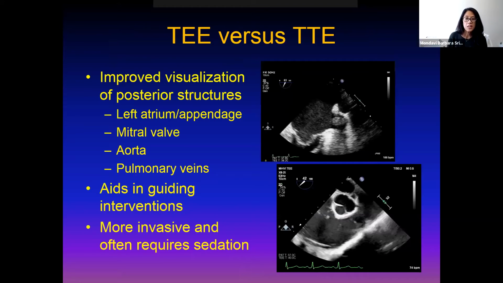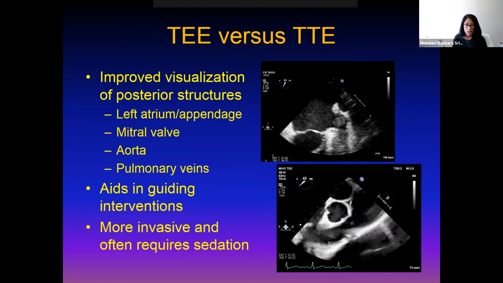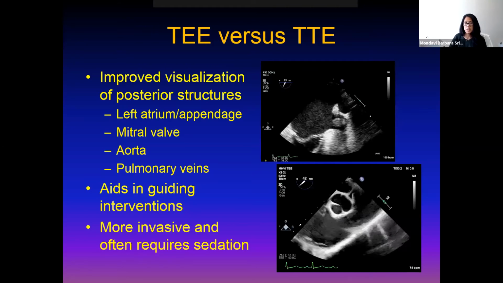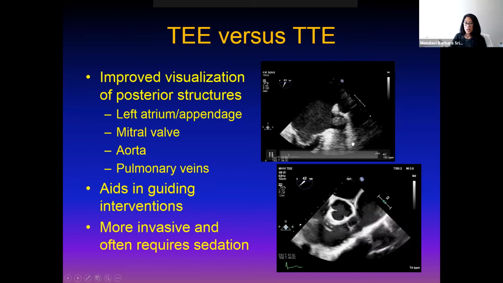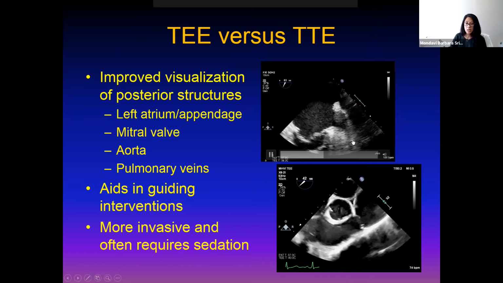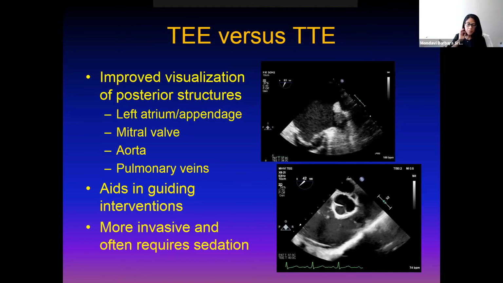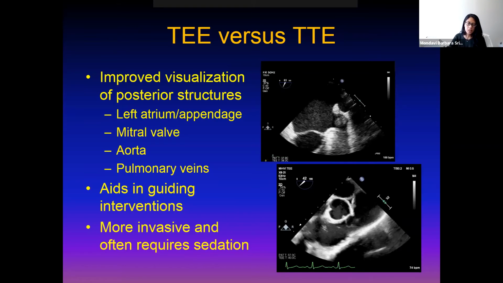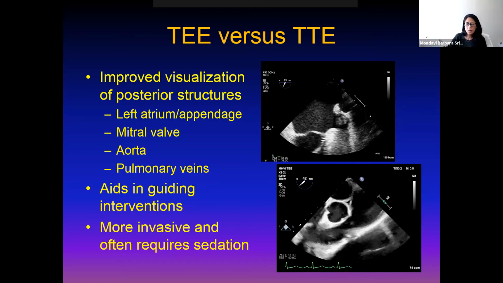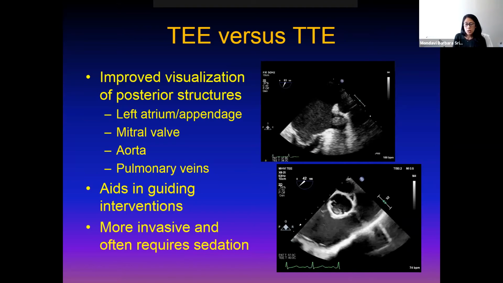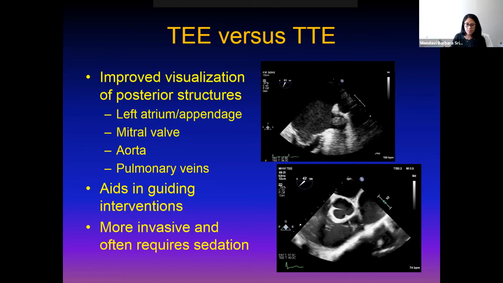TEE versus TTE, I kind of already mentioned this. TEE provides improved visualization of the posterior structures, in particular the left atrium. We can take a look at the left atrial appendage for our patients who we might be considering cardioversions for. We also get a good look at the interatrial septum, and so in our stroke patients or in evaluating for PFOs or closures of ASDs, TEE provides information in that sense.